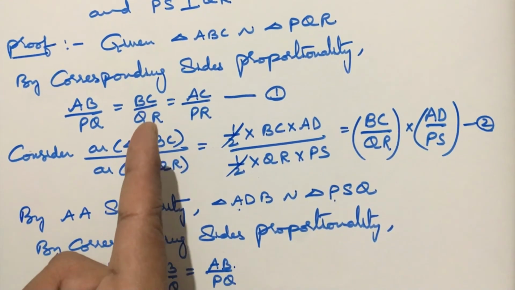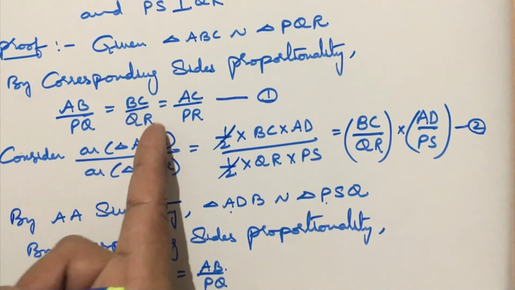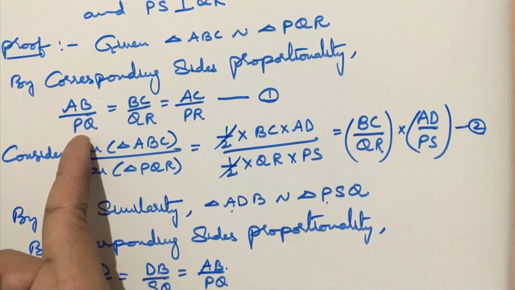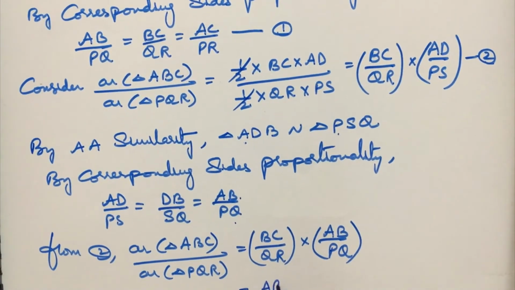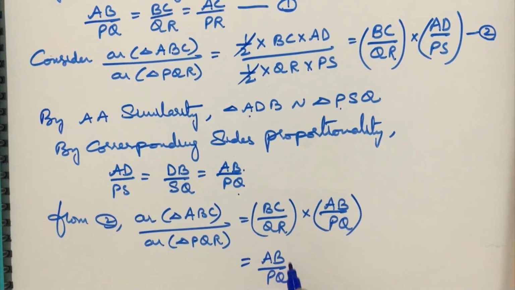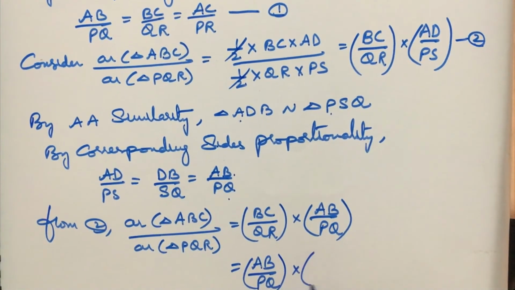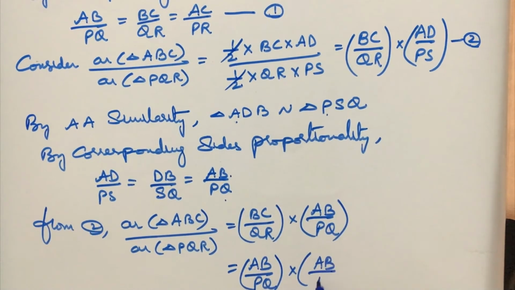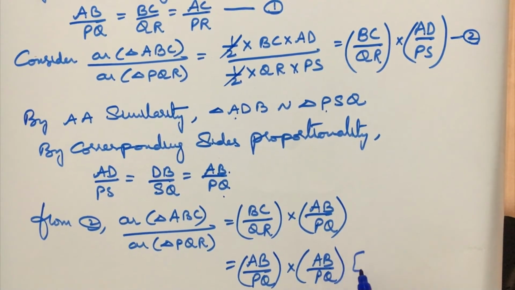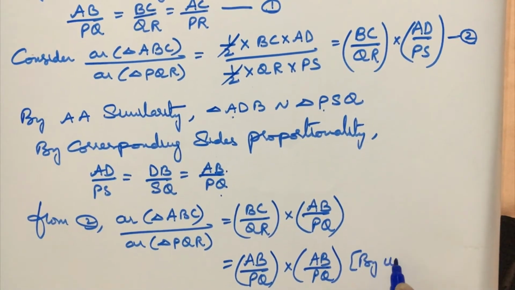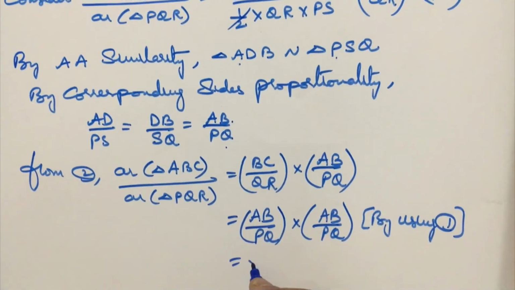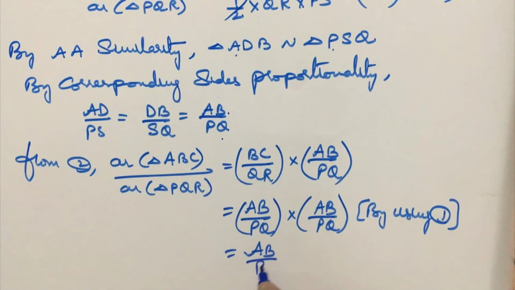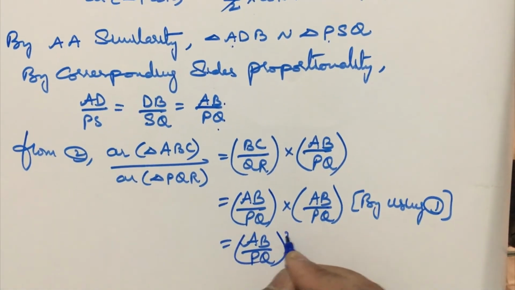So in the BC by QR place, I can write AB by PQ. Here I am writing AB by PQ into AB by PQ, using the equation 1 result. So I can write it as AB by PQ whole square.